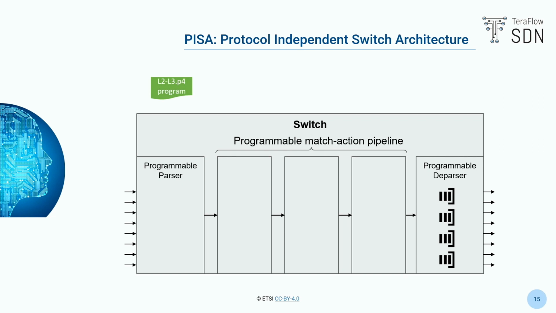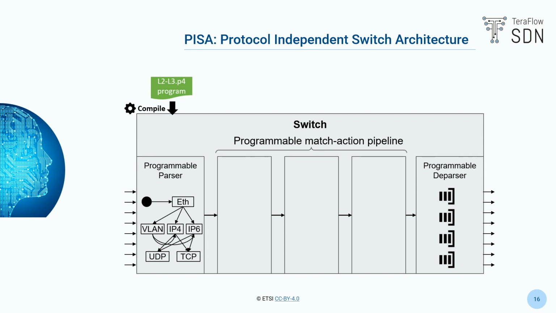For this to be able to get into the switch, we need, first of all, to compile it, as I said earlier. This is a big difference with OpenFlow. So the P4 compiler here essentially compiles the code in the P4 program and generates the configuration of the parser dynamically. This means that it is able to understand what actual headers are important for this program to work.